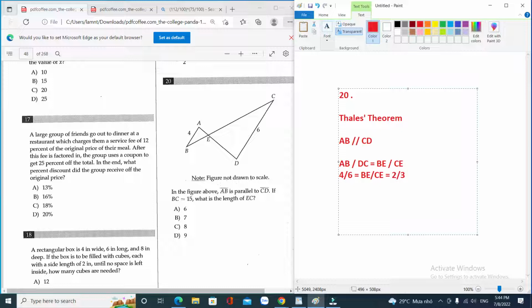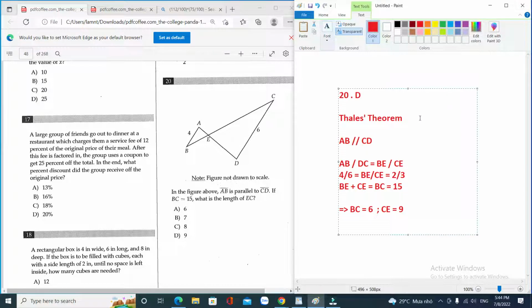But we know that BE plus CE is just equal to BC, so that's 15. So you can figure out that BE is equal to 6 and CE is equal to 9. So the answer for 20 should be D.